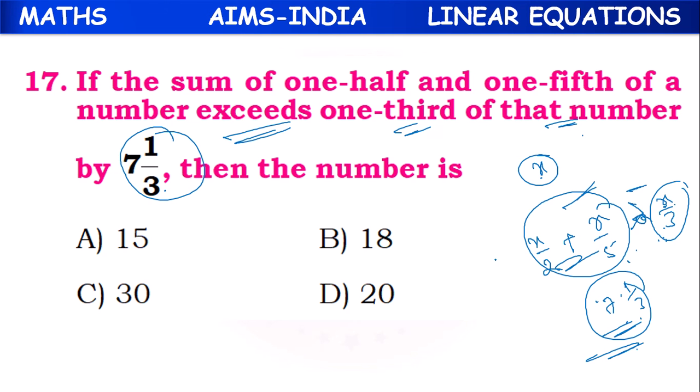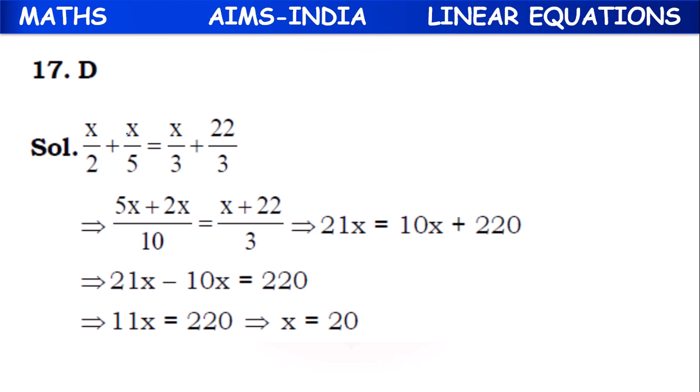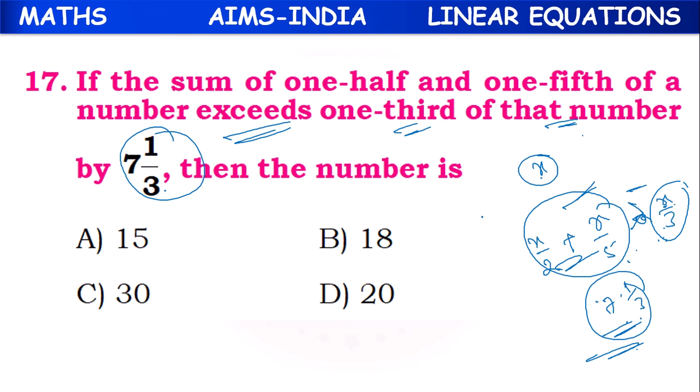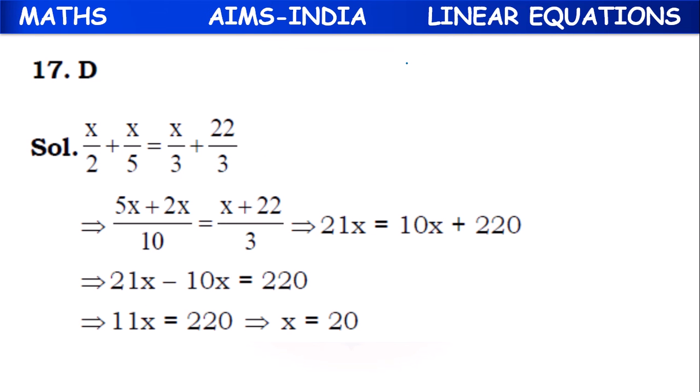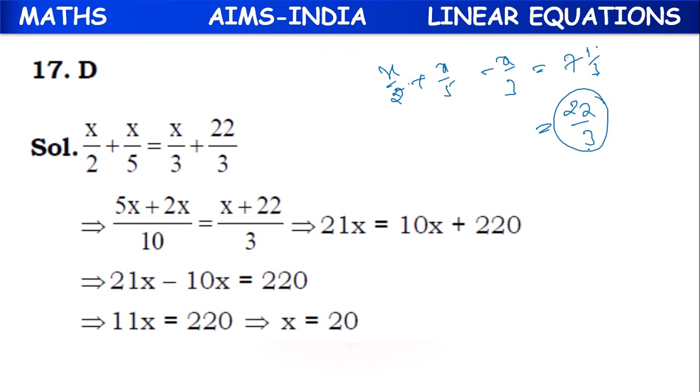So then what is the number? We can write x by 2 plus x by 5 minus x by 3 equal to 7 1/3, where 7 1/3 equals 7 times 3 is 21 plus 1, 22/3. We can write it as 22/3. Actually, this is the original form of the given statement.